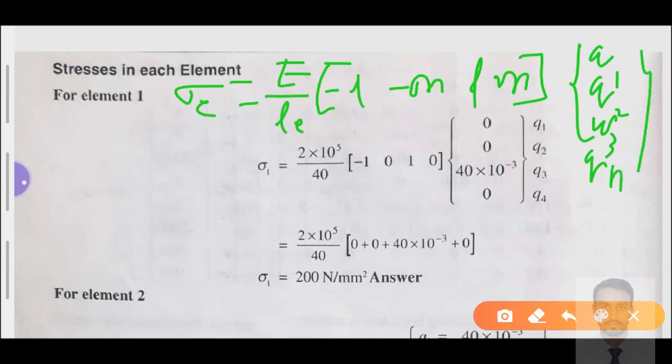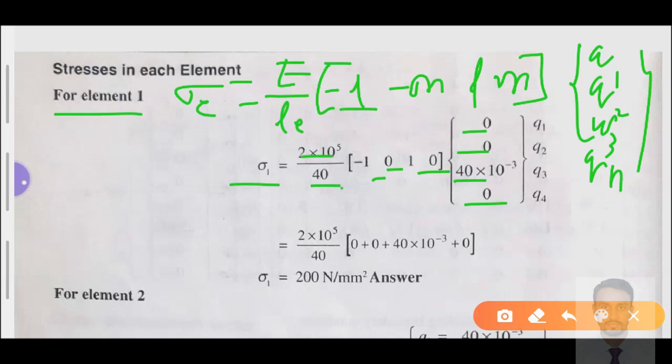I have not taken the equation directly. Why? Because element number 3 is not continuous. Based on that element, we need to keep this equation safe. As it is, we have taken here for element number 1, E1 divided by L1, the direction constants for element number 1, and then the Q1, Q2, Q3 and Q4 values we have substituted here as we have found.